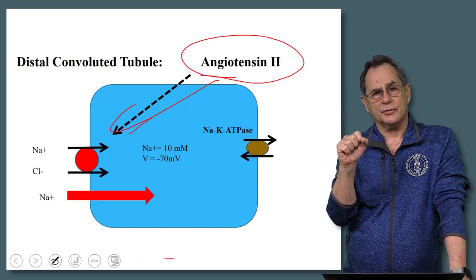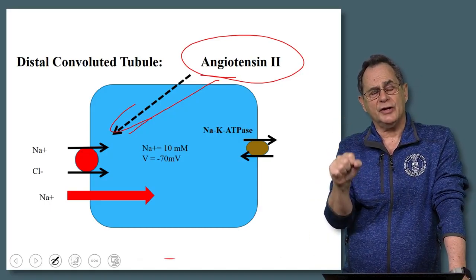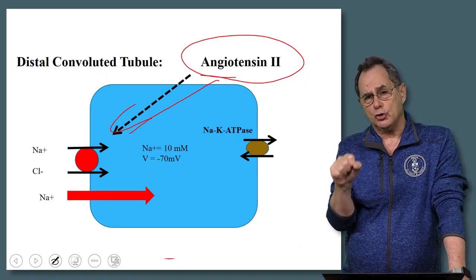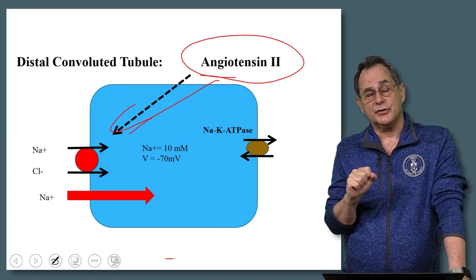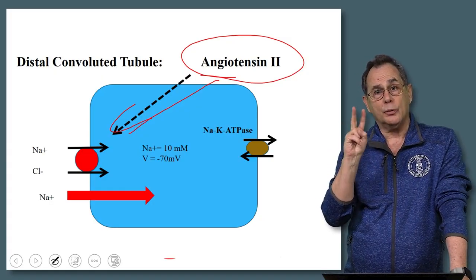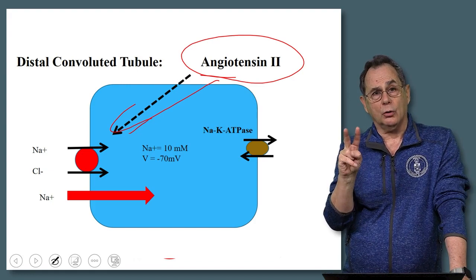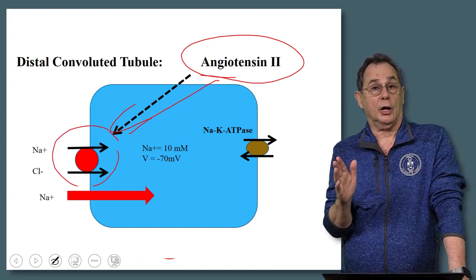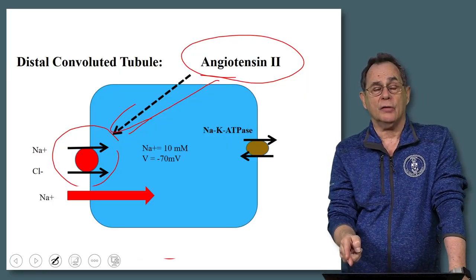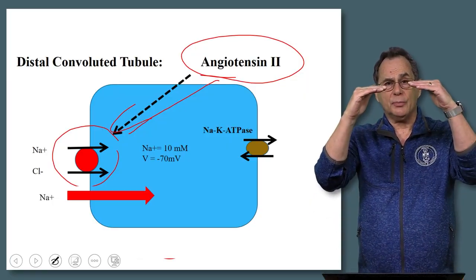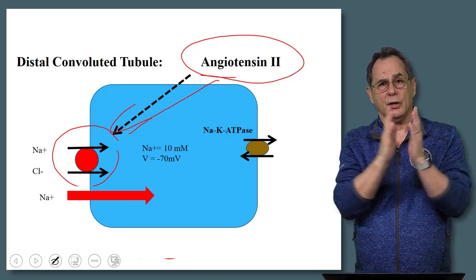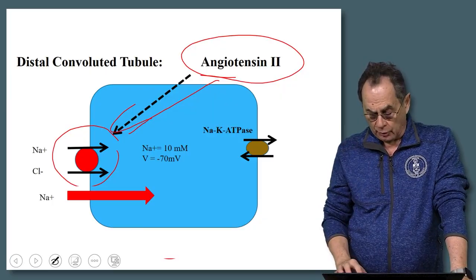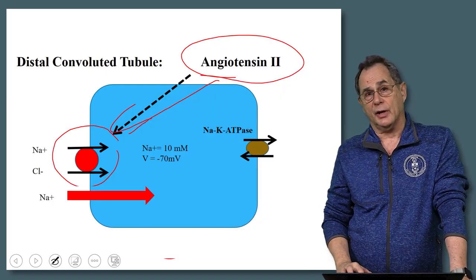But the consequence of increased activation of the renin-angiotensin system and the generation of angiotensin II, because of sympathetic nervous system activity and because of low pressures and volumes in the afferent arteriole, is that increased Ang2 increases sodium and chloride reabsorption in the distal convoluted tubule, moving the set point so that there's even less sodium exiting the distal convoluted tubule than would be the normal set point for physiologic regulation.